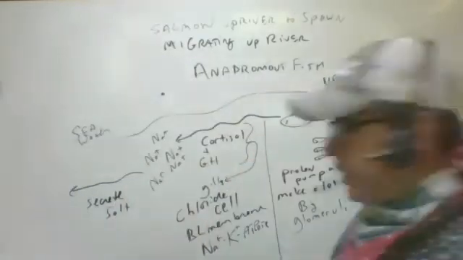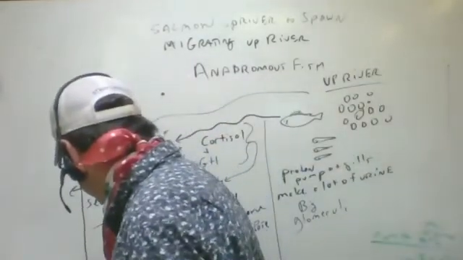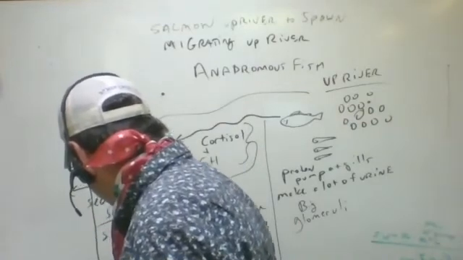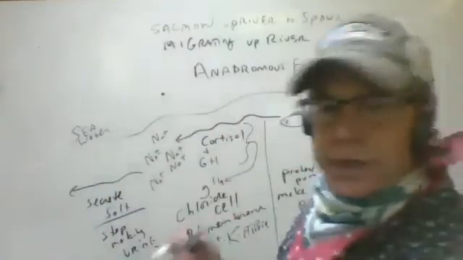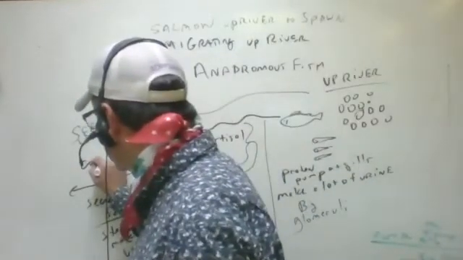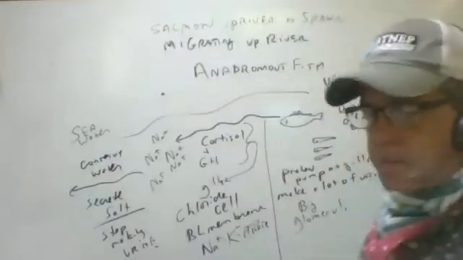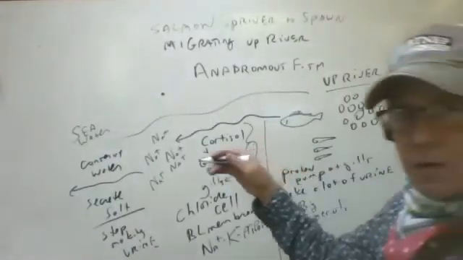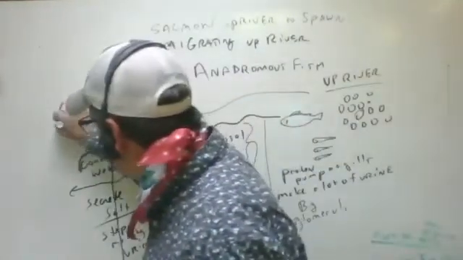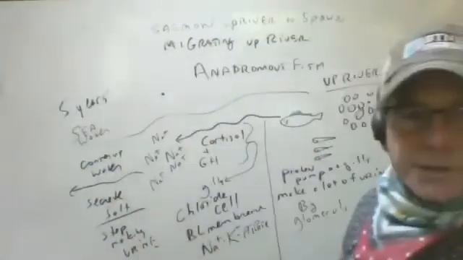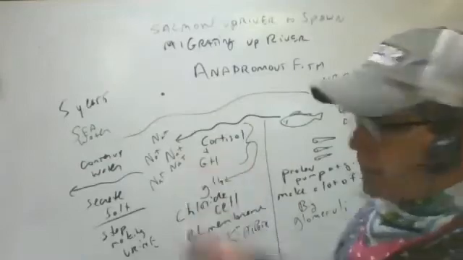They stop making urine, and now they have to really conserve water. And they're in seawater. Salmon might live over there in seawater for 5 years. They live their adult life in seawater and they're eating and having a good time.